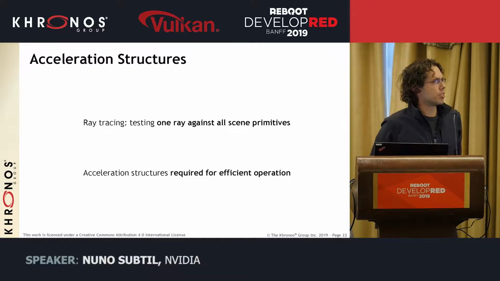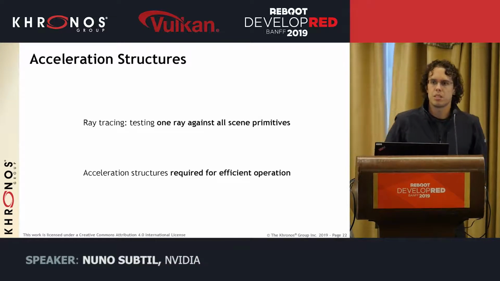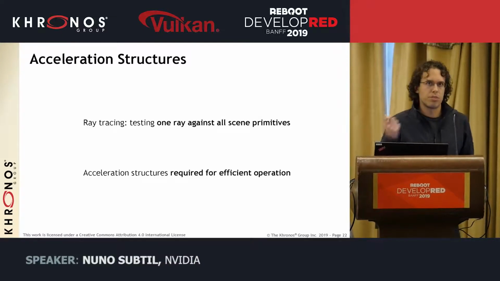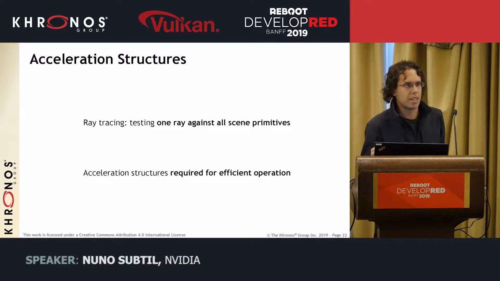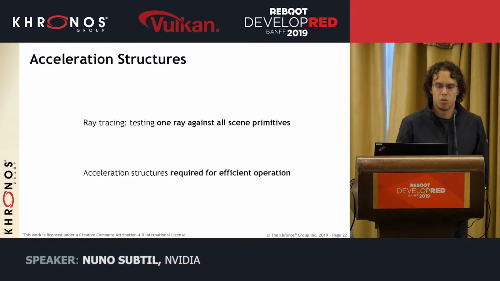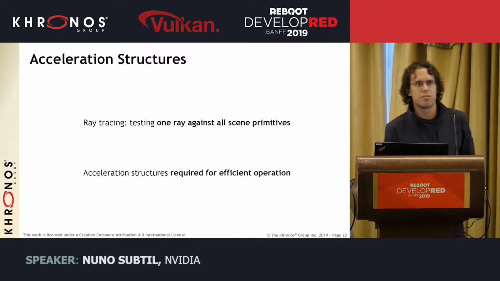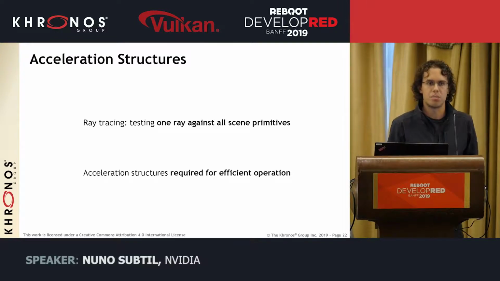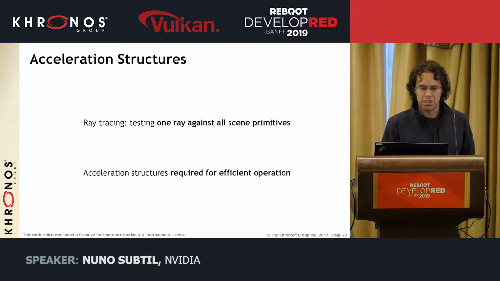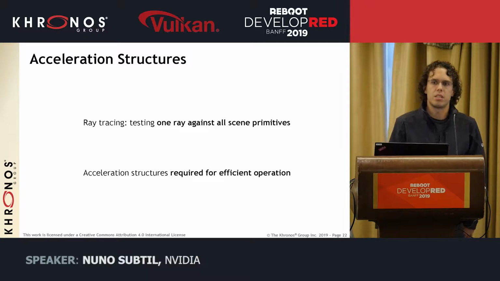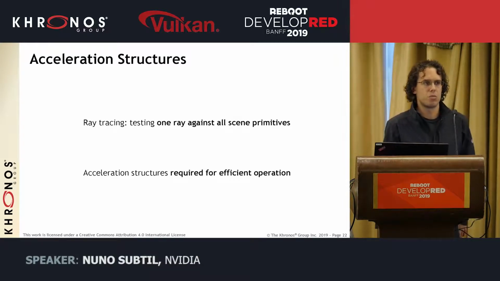So I talked about acceleration structures. And I also mentioned earlier that when you're doing ray tracing, you're evaluating the entire scene. So each ray will be intersected against all the scene primitives. Now you can do this with a for loop that loops over all the triangles. I may or may not have built a ray tracer like this in college, but it is prohibitively expensive. You don't want to do that. And there are acceleration structures, data structures, typically bounding volume hierarchies, that allow you to trivially reject large portions of your scene when testing against a ray.